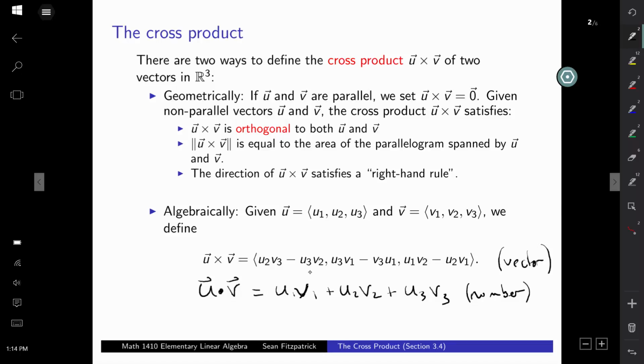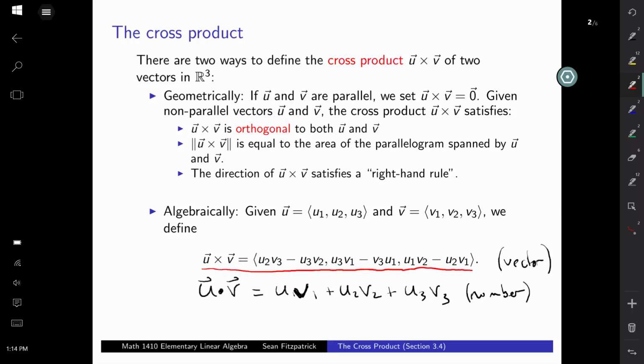So the way to get a new vector from two vectors in 3 dimensions that is useful is using the cross product. And this formula is fairly intimidating the first time you see it. So we're going to go over some methods for computing this, for remembering this formula, because it's a complicated looking formula.